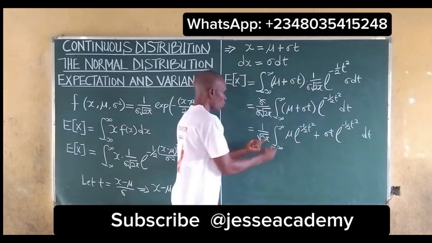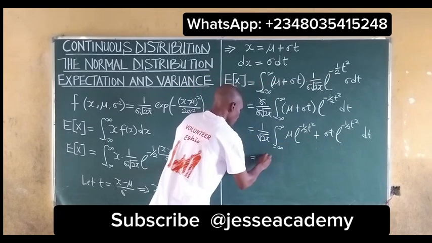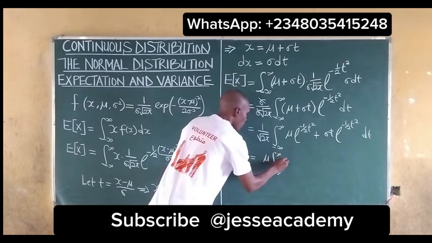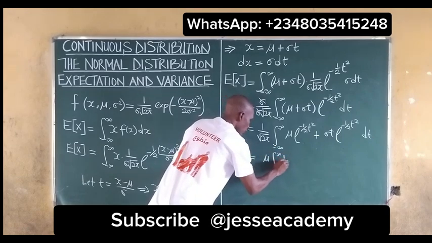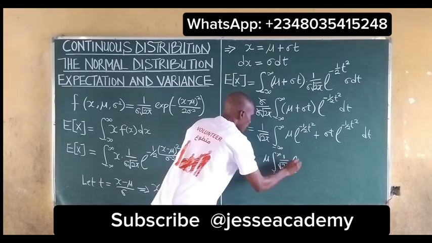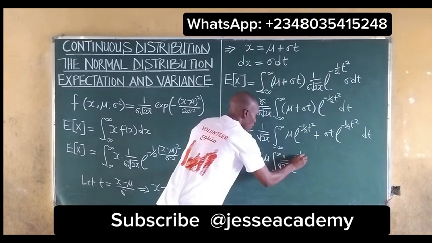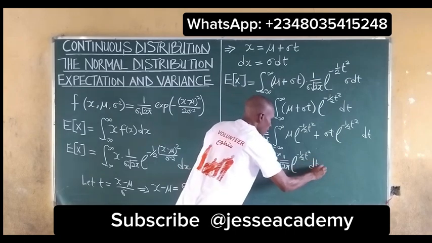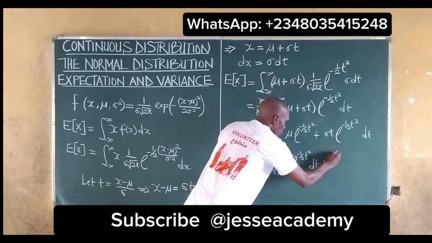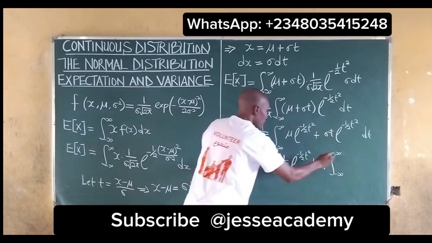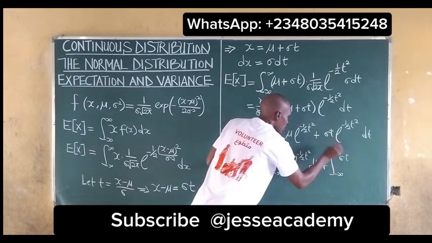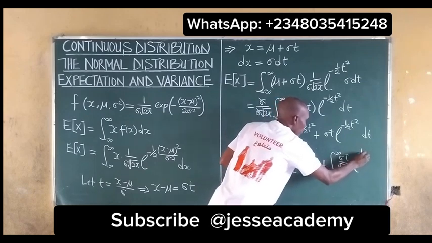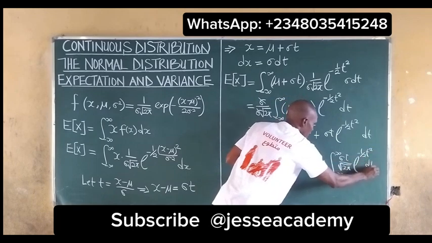Dt is acting on all of this, so we can separate this to give us mu into the integral of negative infinity to infinity 1 all over square root of 2 pi exponential minus 1 all over 2 t squared dt, plus the integral negative infinity to infinity sigma t all over square root of 2 pi exponential negative 1 all over 2 t squared dt.